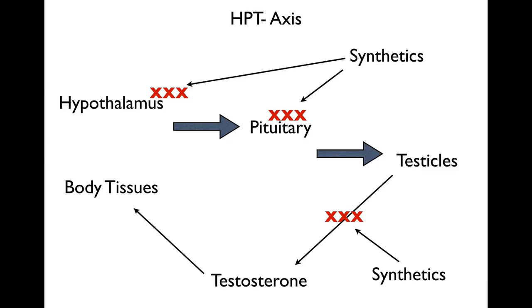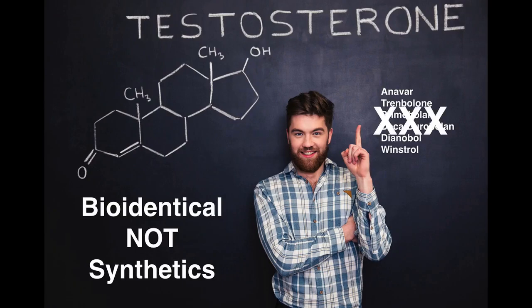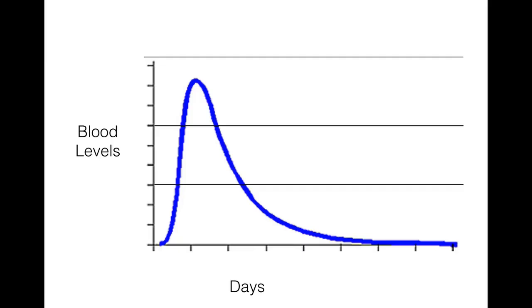Here you see where the synthetics can block your own natural production of testosterone, yet at the same time not have the full testosterone health benefits because they are not bioidentical and do not interact with all the tissues that testosterone does. After all, these things are not bioidentical hormones. This is not what we're talking about with TRT therapy.